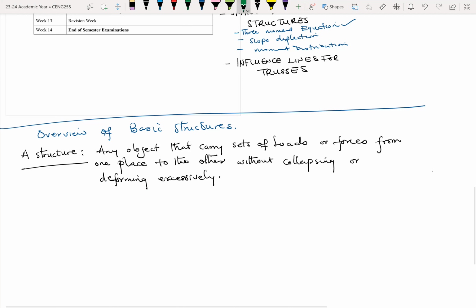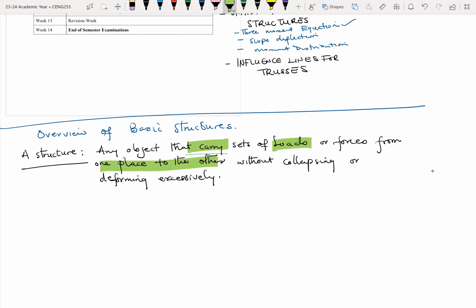So there are a few things to note over here. It should be able to carry some set of load and also transfer the load. So carry and transfer, from one place to the other. That is a transferring component.